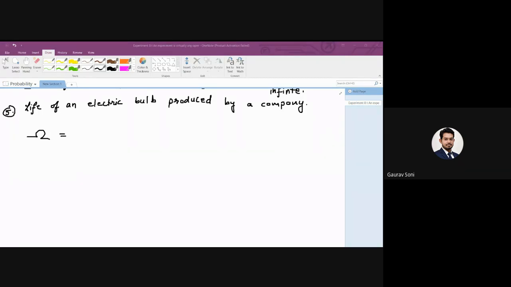Ritisha, what will be the sample space in this case? Ritika. Yes, sir. Sample space in this case.